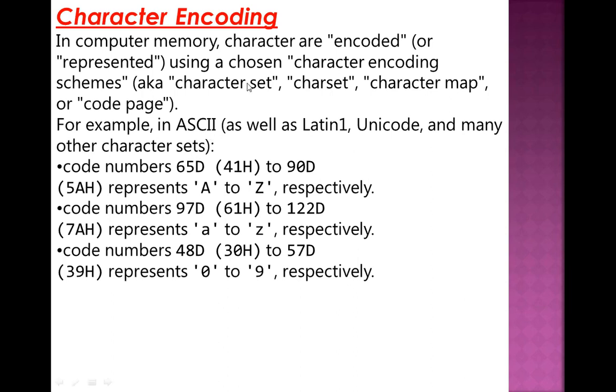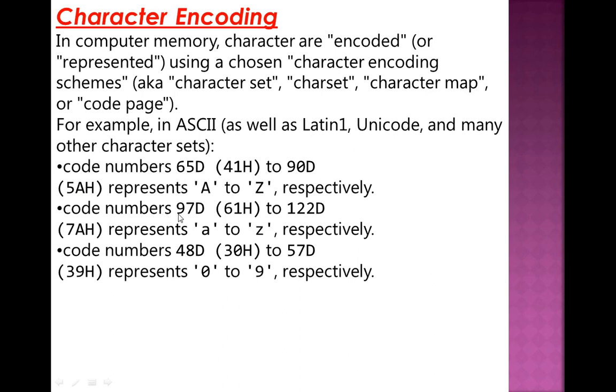The first one is ASCII, as well as Latin-1, Unicode, and many other character sets. Code number 65D, which is 41H, to 90D, which is 5AH, represents A to Z. This is your A value, this is your Z value.